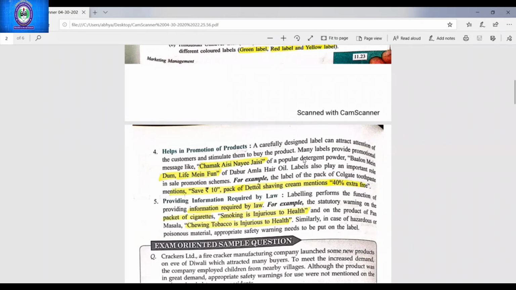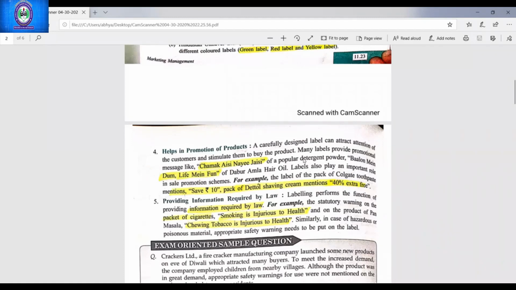So if a producer is providing all this information on the label, their main motive is to fulfill the law requirement. They are not doing it by themselves. The law has mentioned that such types of products cannot be sold without a label.